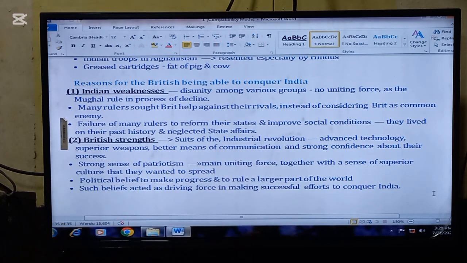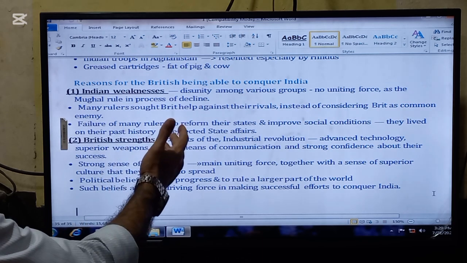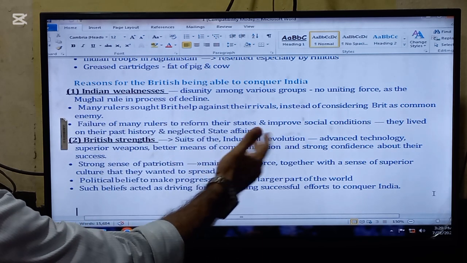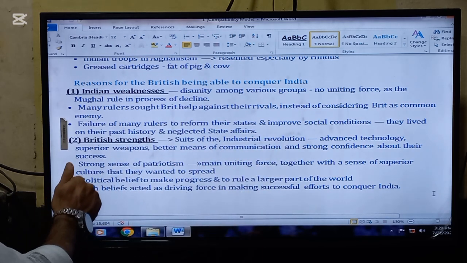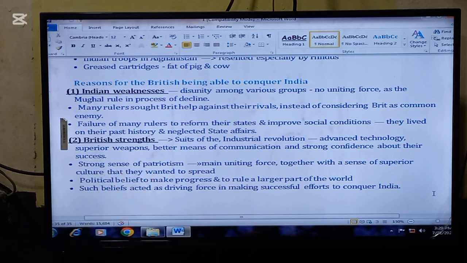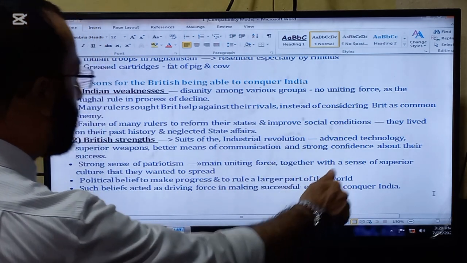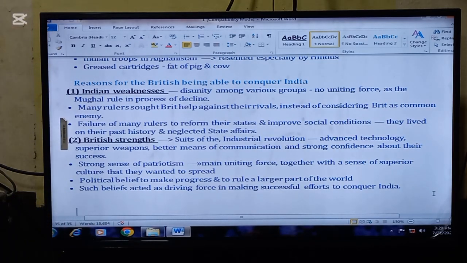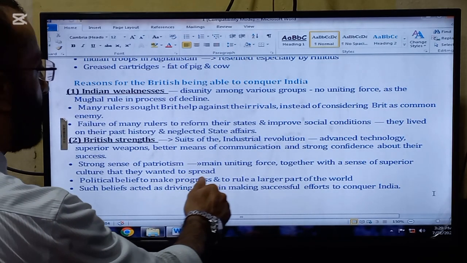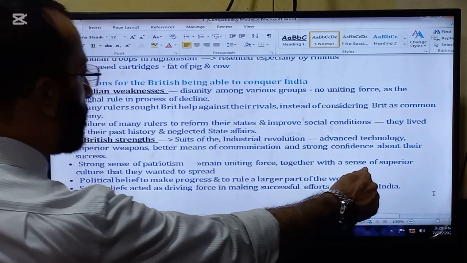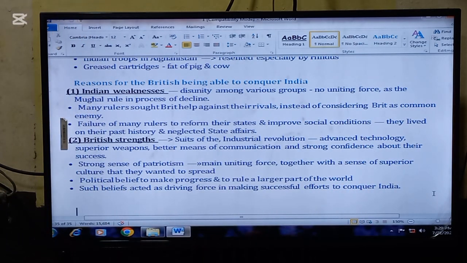The next very important reason for the British being able to conquer India is British strengths: results of the Industrial Revolution, advanced technology, superior weapons, better means of communication, and strong confidence about their success.